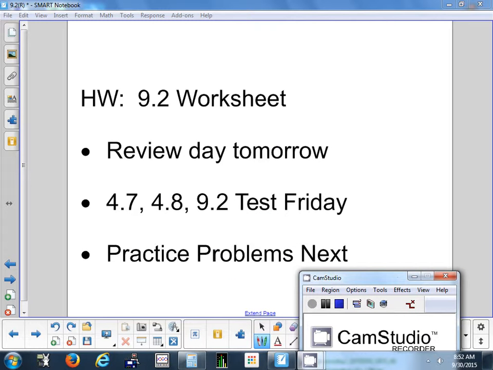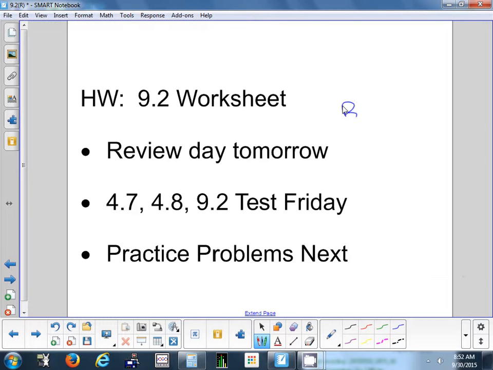The first couple, you're going to have to identify the extremes and the means. You might want to leave those notes out because you're still going to need them. You have to identify the extremes and the means and solve, then solve a couple, and then do the word problem. Remember, like I told you at the beginning of class, test on Friday. 4-7, which is percent problems. 4-8, which is what we did yesterday, the different formulas.